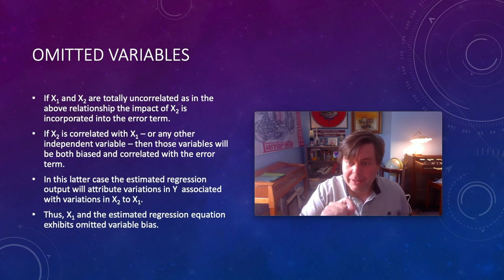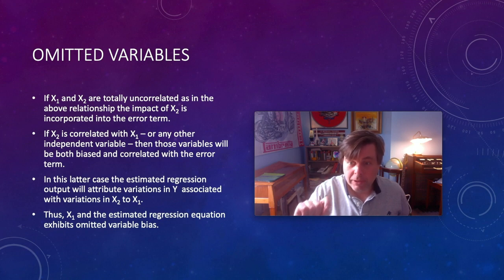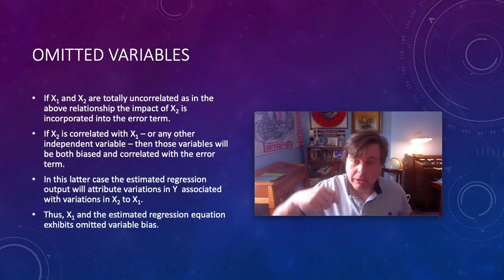When in reality, it's perhaps both wealth and income. And so now we're over-attributing variations in spending to wealth and under-attributing variations in spending due to income. So those variations in spending are getting over-captured in this beta associated with wealth.